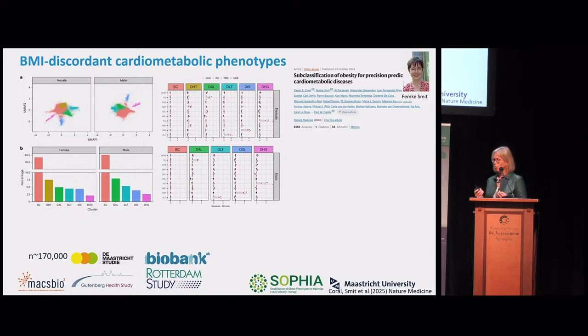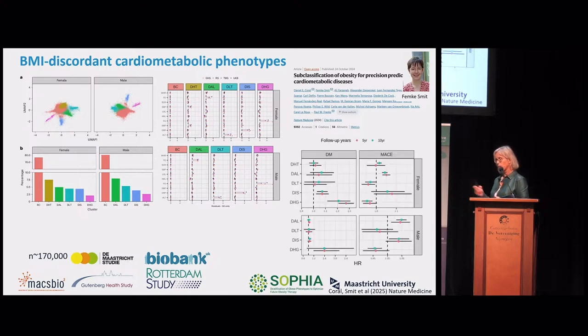And we found some very interesting clusters that are indeed discordant. And in fact, when we studied their incident disease risk in the future, we noted that these profiles added something to the predictive capacity of models that indicate what your risk of future cardiometabolic disease or type 2 diabetes is. So very useful.